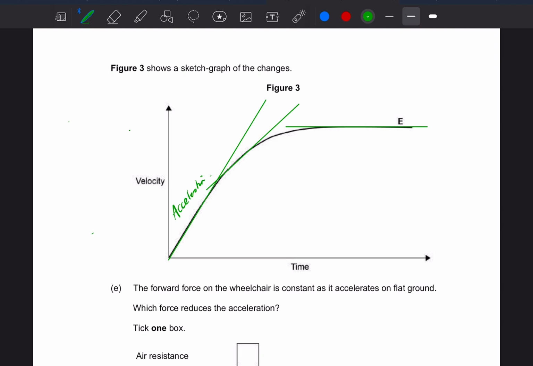Initially the object accelerates quickly, then it starts to speed up less, with less acceleration. So its acceleration reduces. So we've got very fast acceleration, less acceleration, and then coming at E to a point where there's no acceleration. We've got constant speed.